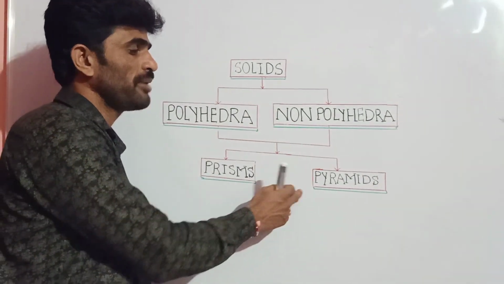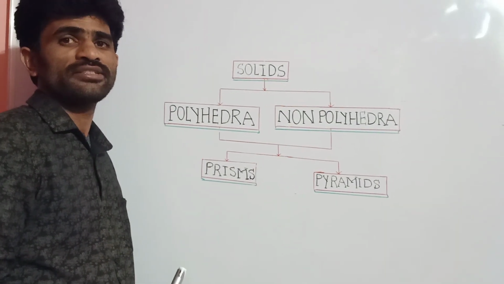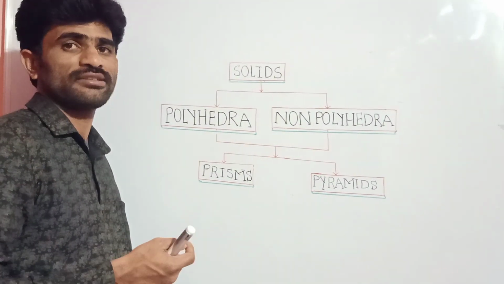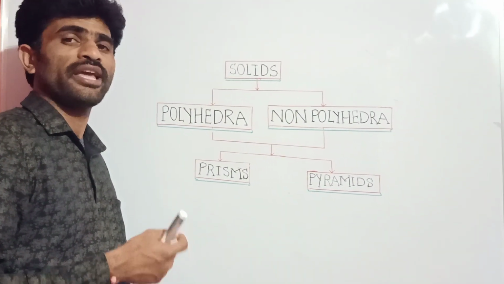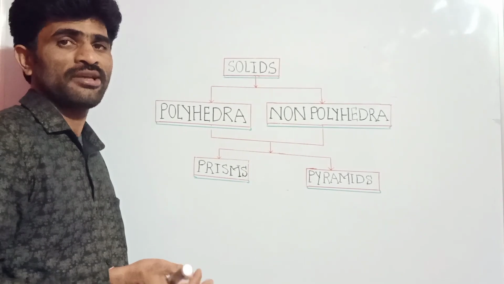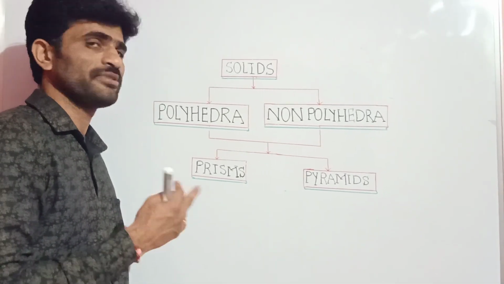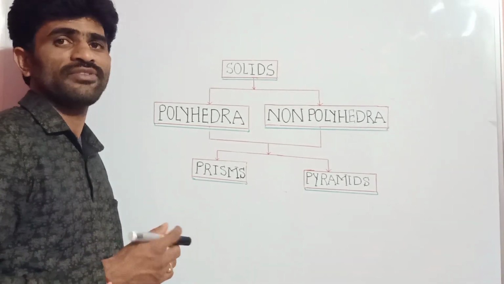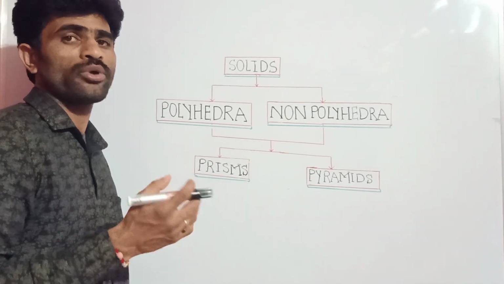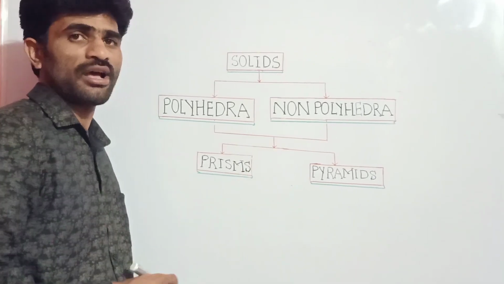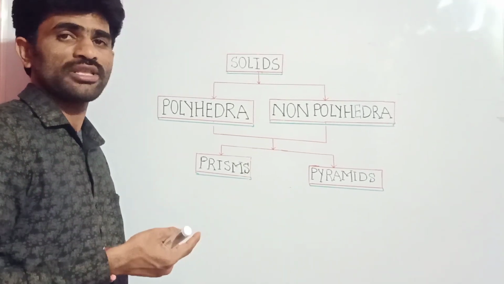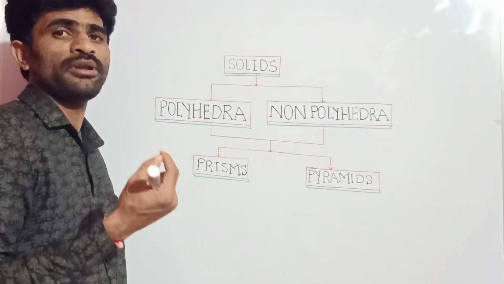Now come to pyramids. Pyramids are the solids in which top is a common vertex and the bottom is any surface. Bottom will be any surface, but top will be what? Common vertex. So that is the main difference between prisms and pyramids. Prisms are the solids in which top and bottom both are congruent surfaces, whereas pyramids are the solids in which top is a common vertex.